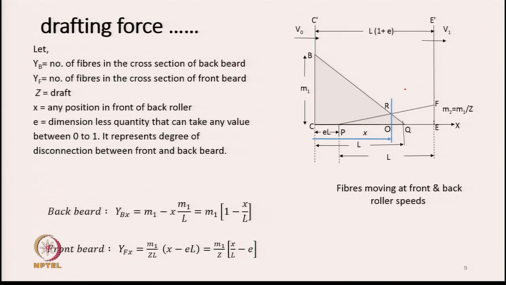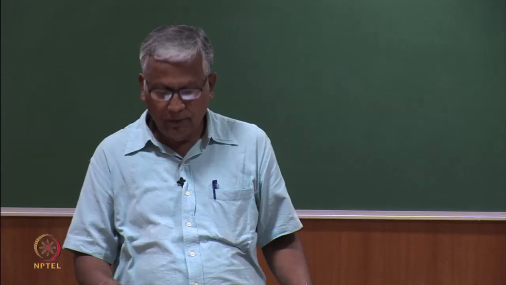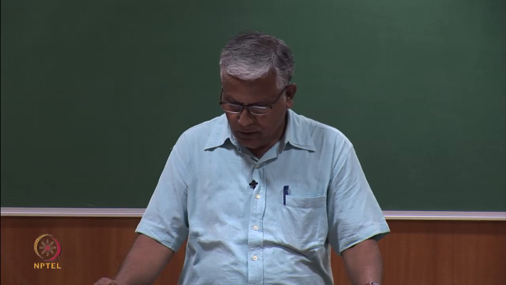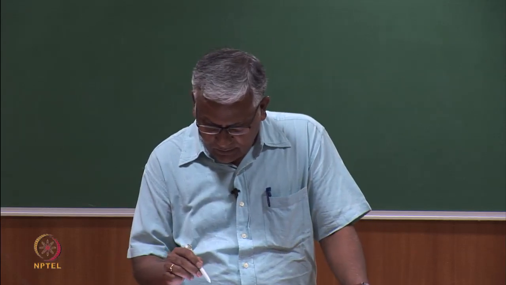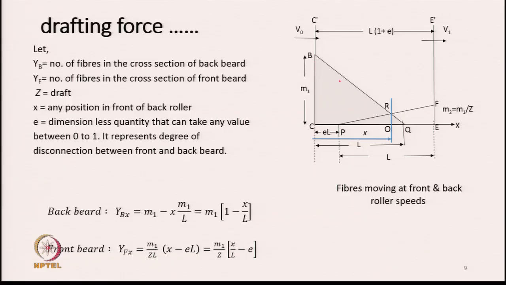E is a dimensionless quantity that can take any value between 0 to 1. It represents the degree of disconnection between the front and the back beard. Basically, it represents the setting in terms of fraction of fiber length. So, therefore, the distance between the two nips is L plus LE.